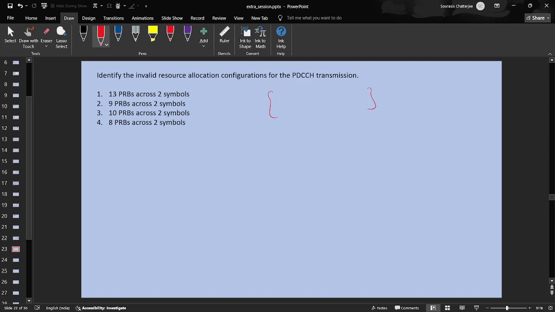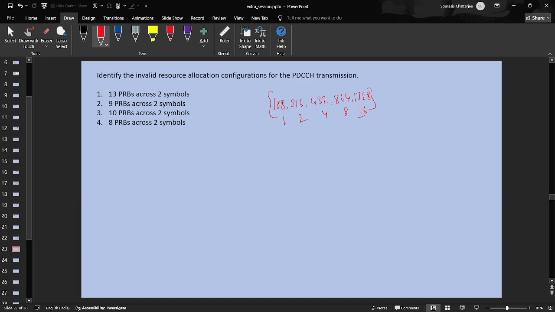So 108 is where it starts. And other possible numbers: aggregation level 1 is 108, level 2 is 216, 4 is 432, 8 is 864, and 16 is 1728.